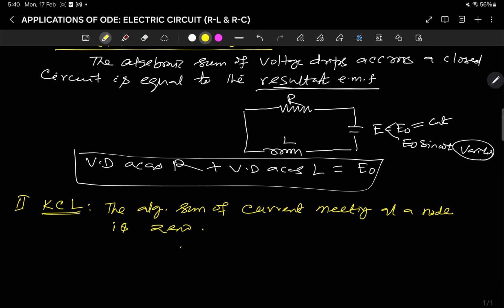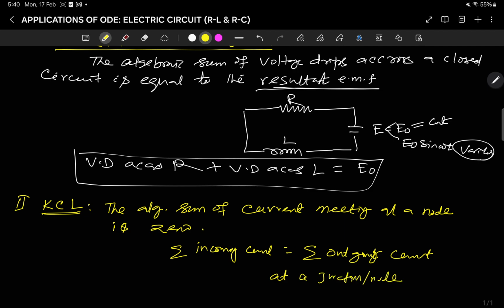What does it mean? Yes, the sum of the incoming current is equal to the sum of the outgoing current at a junction or a node, okay. So this is what KVL and KCL are.